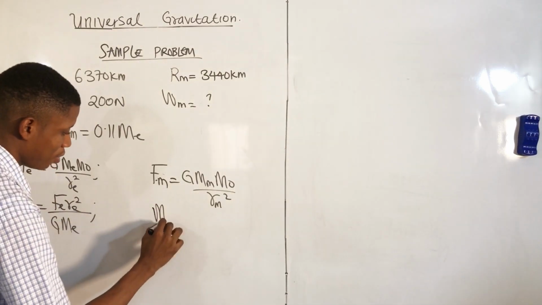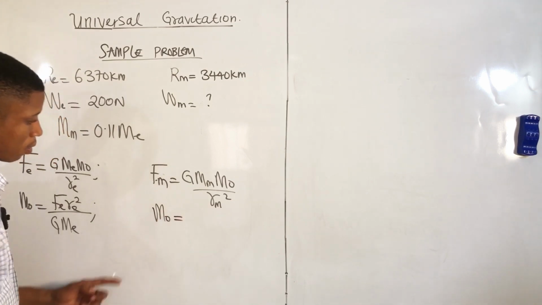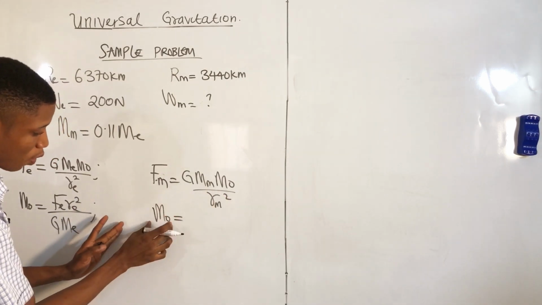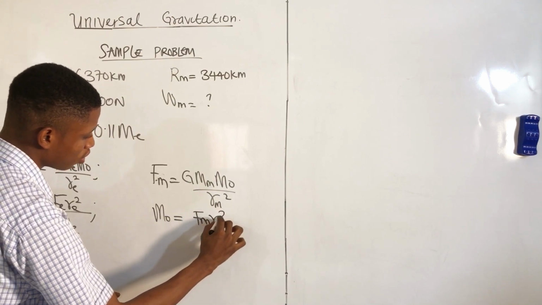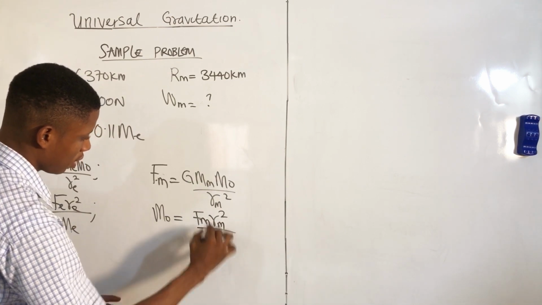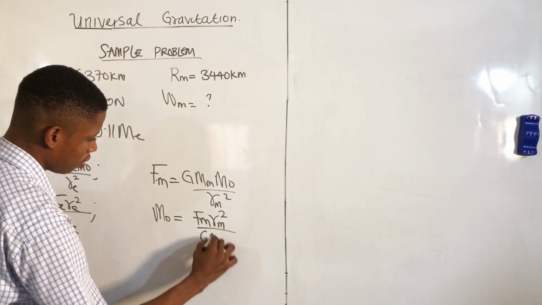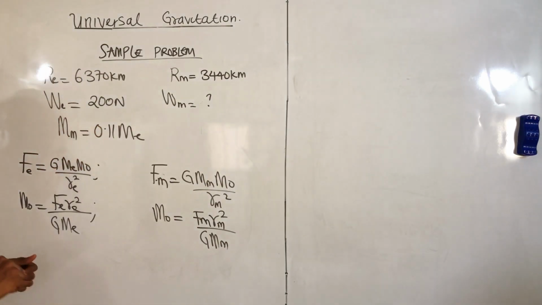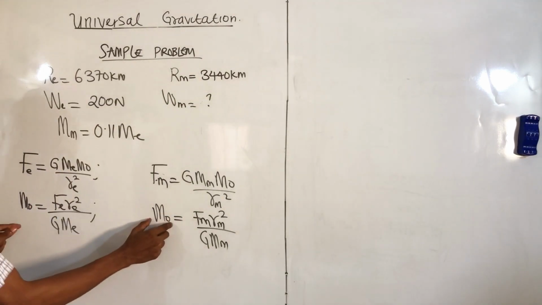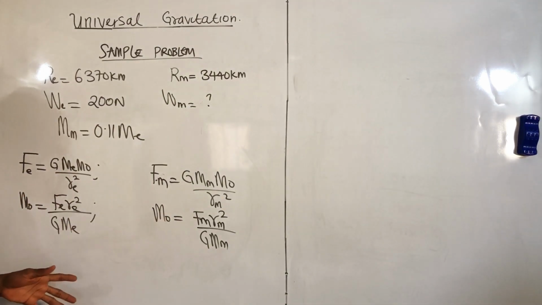Now, in terms of Mars, the mass of that object is equal to the force of attraction on Mars, the radius of Mars squared, over G, the mass of Mars. So the concept is that this object's mass is equal.